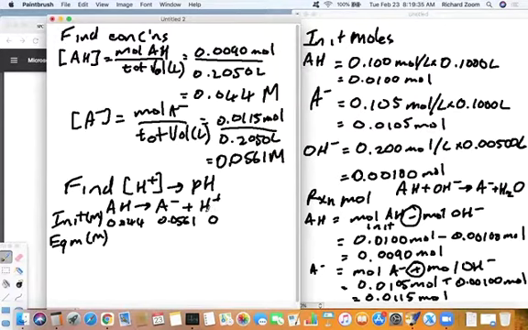Now the H plus here is only the result of what happens when the AH is turning into A minus and H plus. At equilibrium, the AH is breaking down a little bit into A minus and H plus.